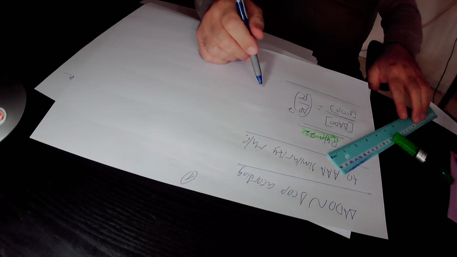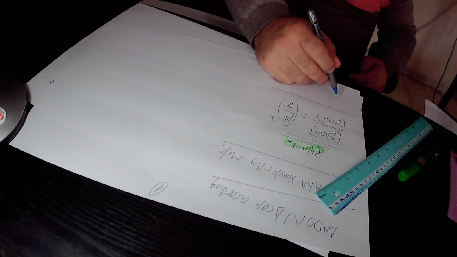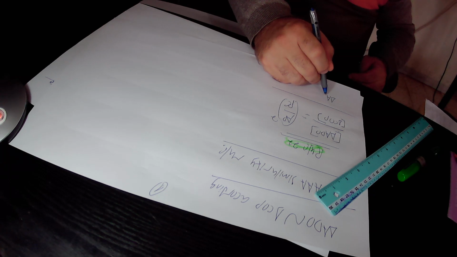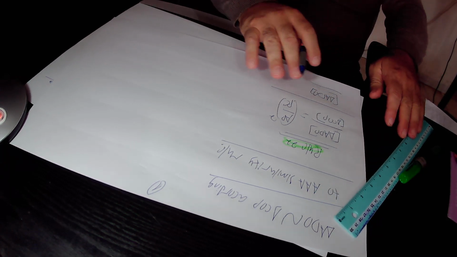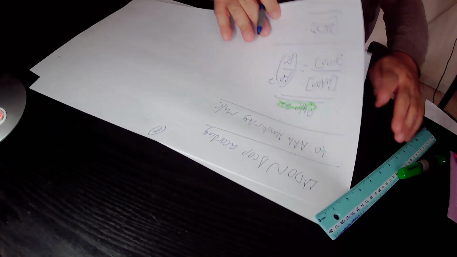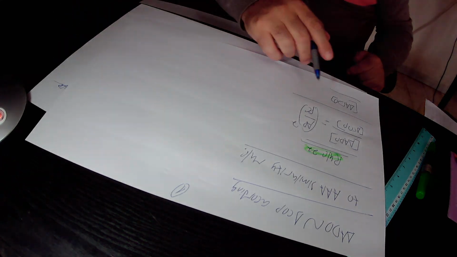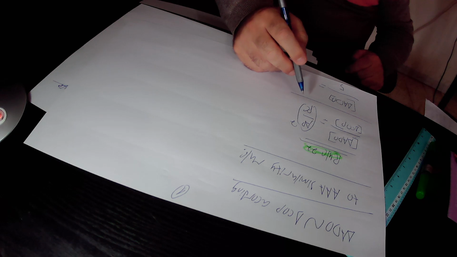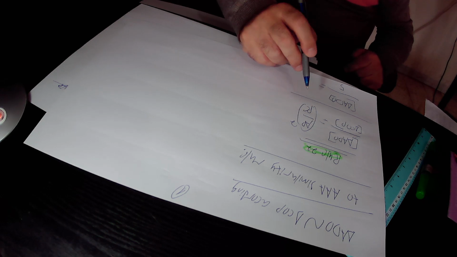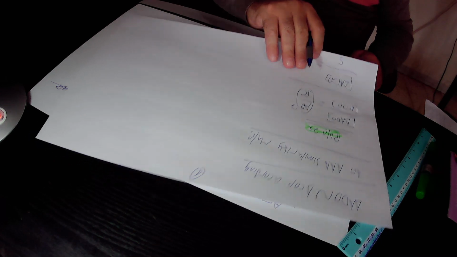The area of triangle ADO is unknown, so we leave it as it is: the area of triangle ADO over the area of triangle COP. It is given in the question that the area of this triangle COP is 5 square units. So we substitute the area of triangle COP by 5, and it is equal to AD over PC squared.